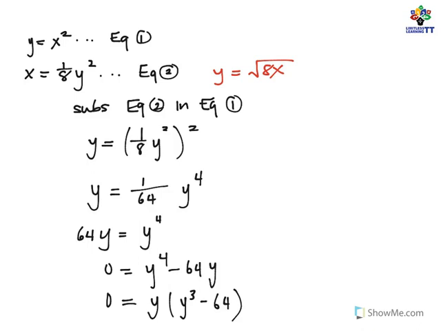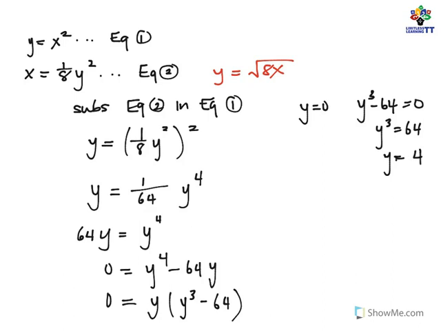Right? So now I know that y has to be equal to 0, and that y cubed minus 64 has to be equal to 0, which means y cubed is equal to 64, which means that y is equal to the cube root of 64. So you're looking at one number you can multiply by itself 3 times in order to get 64, and that number will be 4.